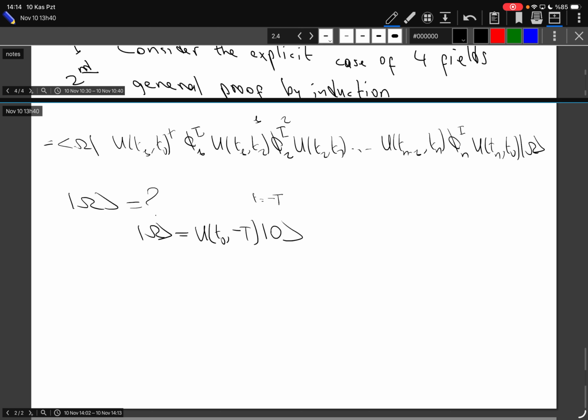And at the time t0, we can even say much earlier than t0, my potential is fully turned on, so my system is now in the ground state. I will also write one more thing here.